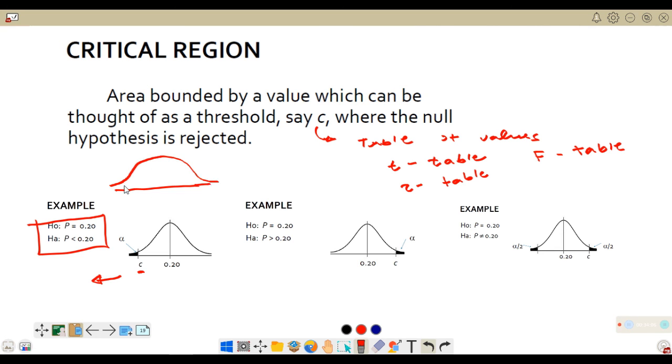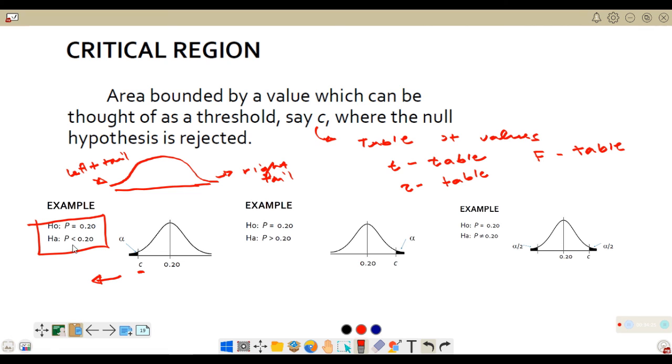As you can see here, kapag meron tayong normal distribution, meron tayong dalawang tail, isang left tail at isang right tail. Siyempre, ito yung left na tail. Tapos ito naman yung right na tail.